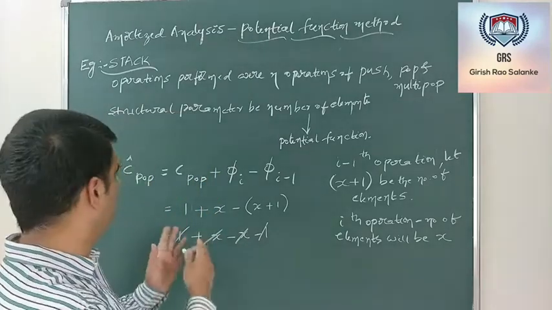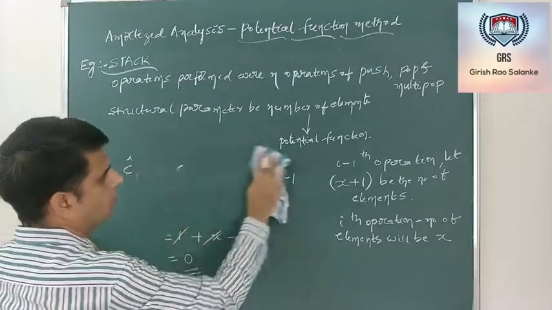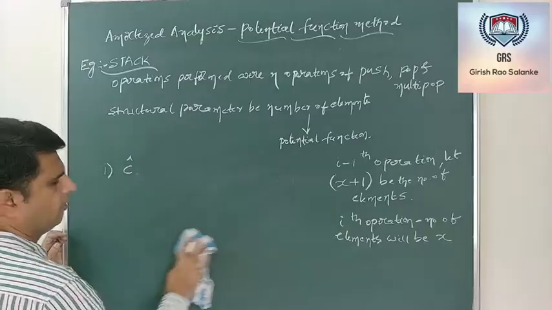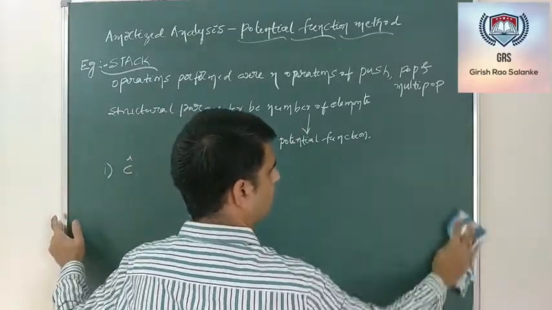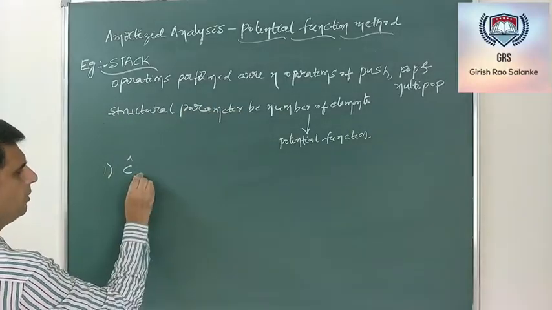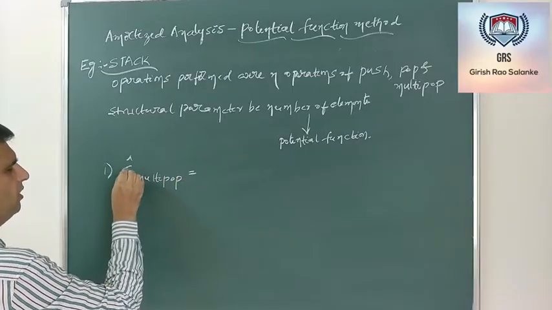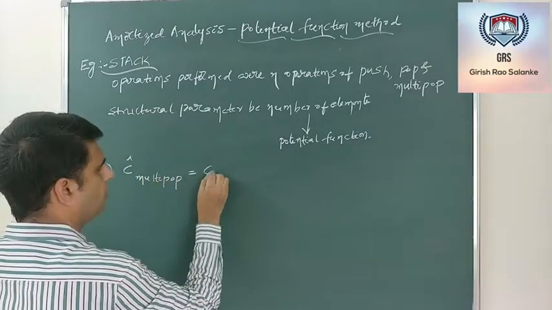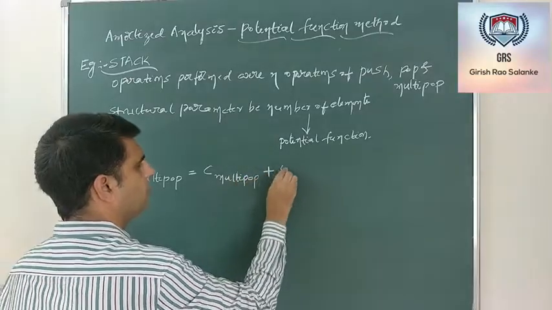Now we'll apply the same thing to the multi-pop operation. Let me denote the amortized cost of multi-pop as C dash of multi-pop, equal to C of multi-pop plus the potential difference.